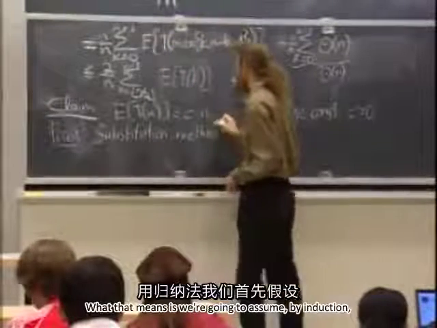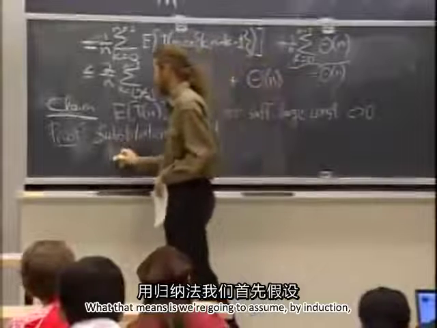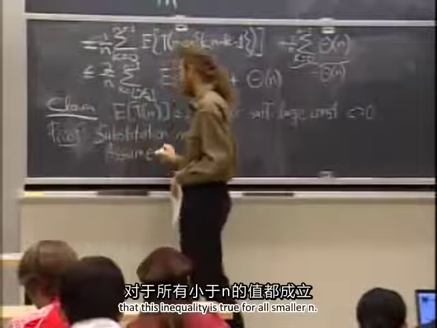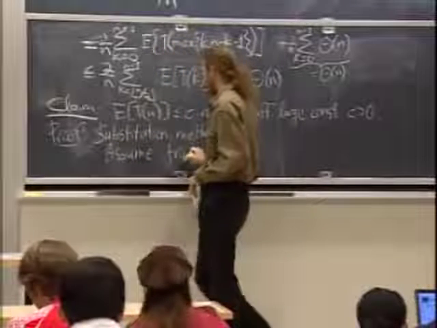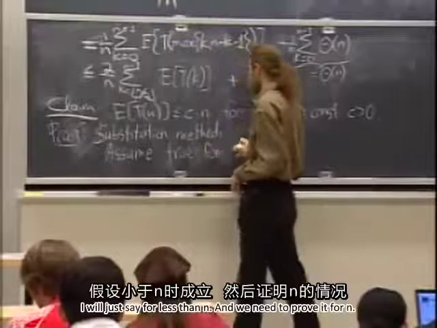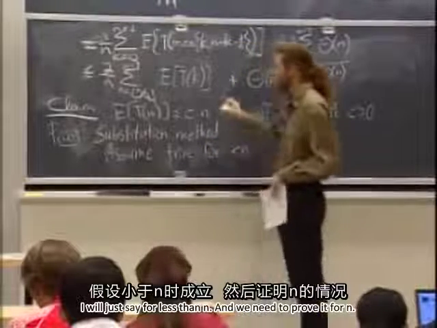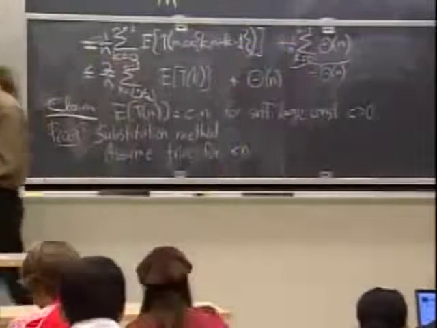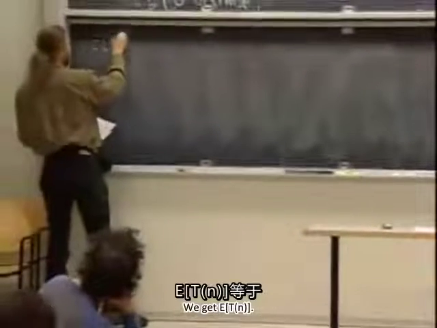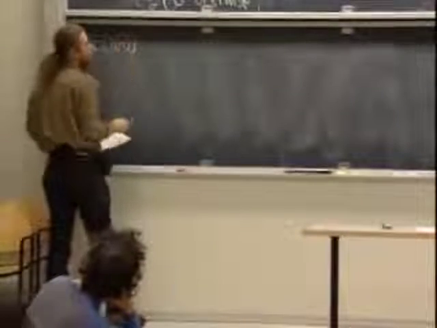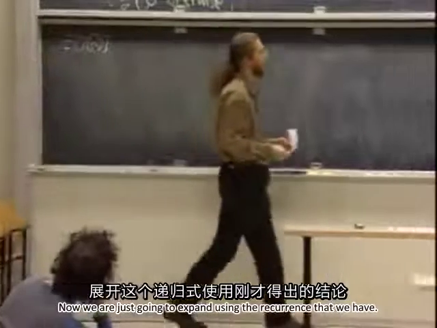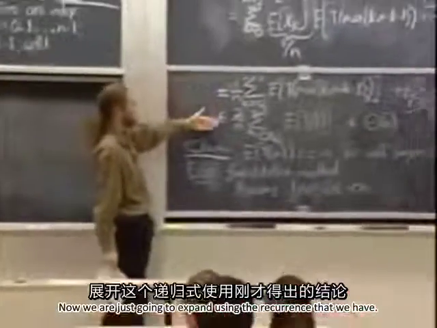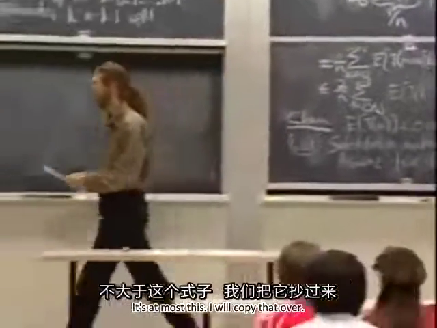So what that means is we're going to assume by induction that this inequality is true for all smaller n, so for less than n. And we need to prove it for n. So we get E of T of n. Now, we're just going to expand using the recurrence that we have.